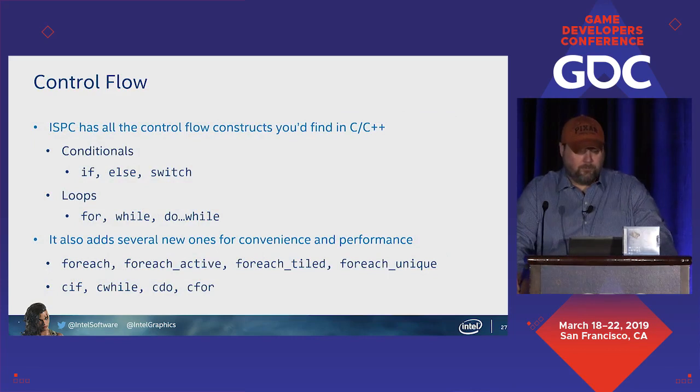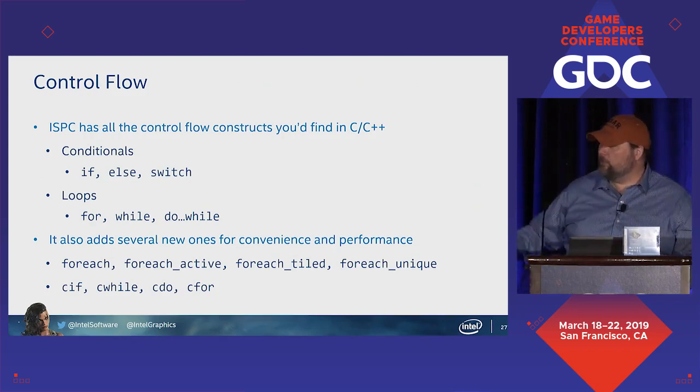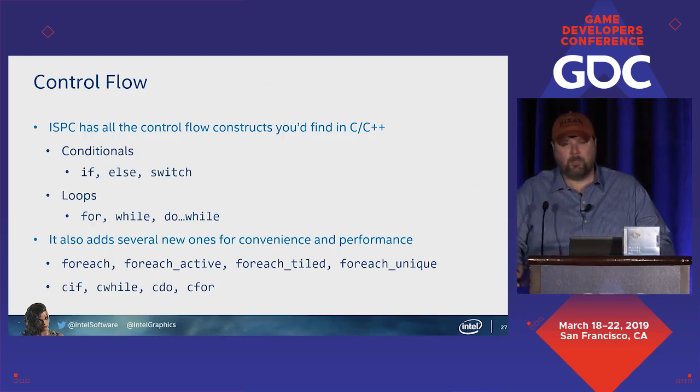So for control flow, ISPC has pretty much all the control flow constructs that you'd find in C and C++, but it also adds several new ones for convenience and performance that we'll get into. For each, for each active, for each tiled, and for each unique are pretty useful. And CIF, CWhile, and CDO are for when you're operating on a varying.